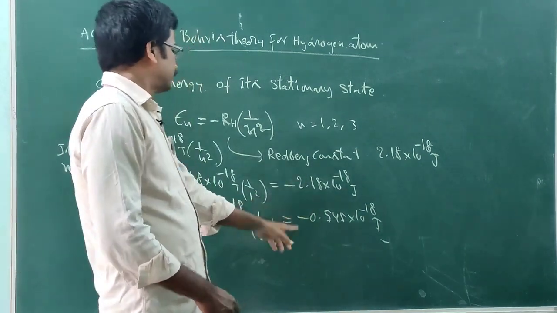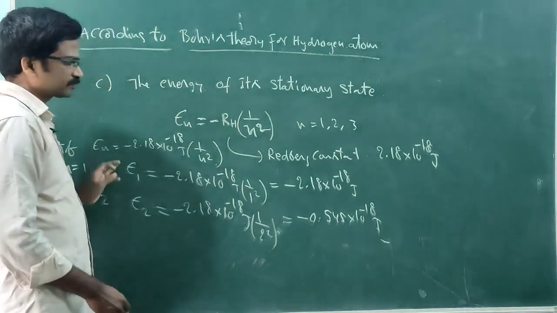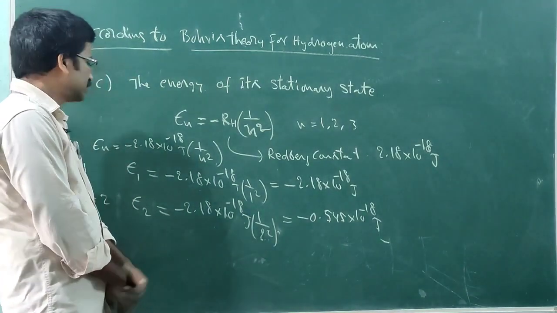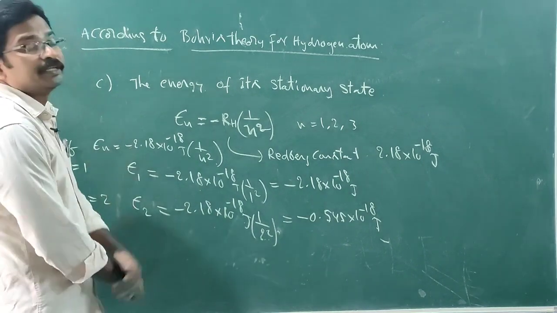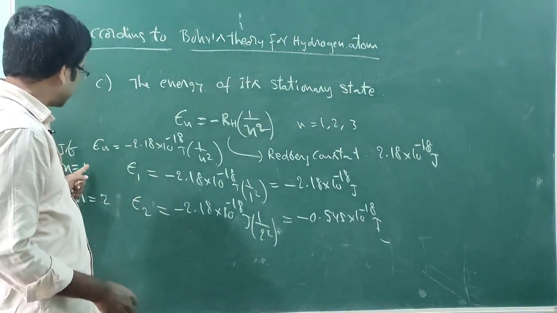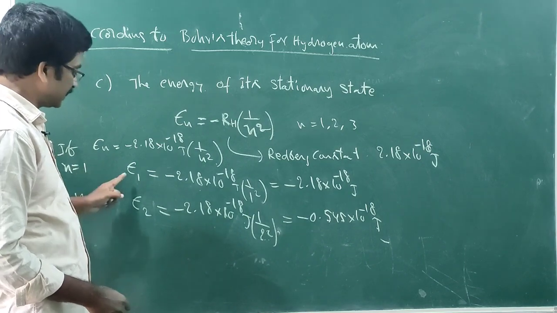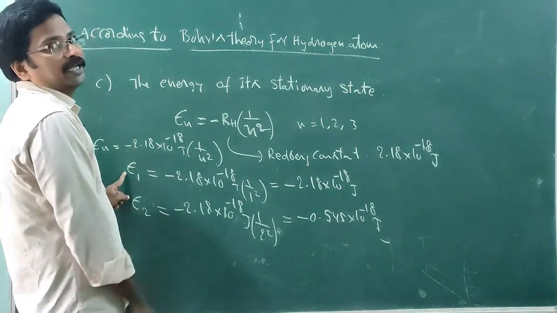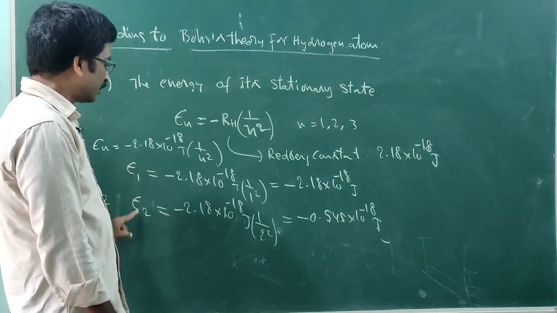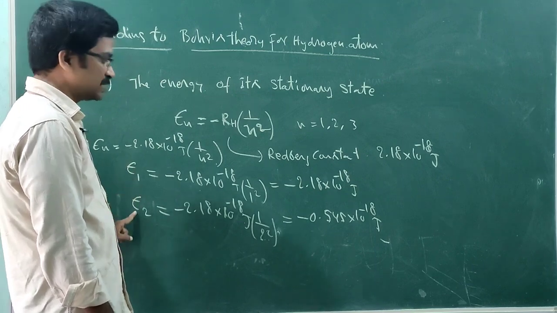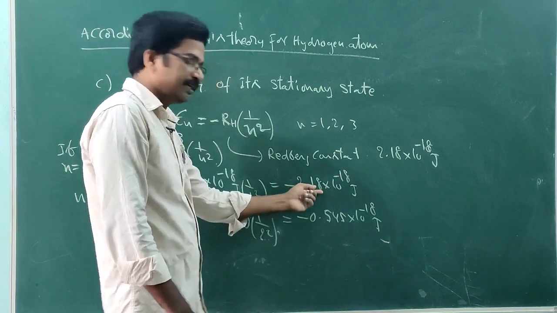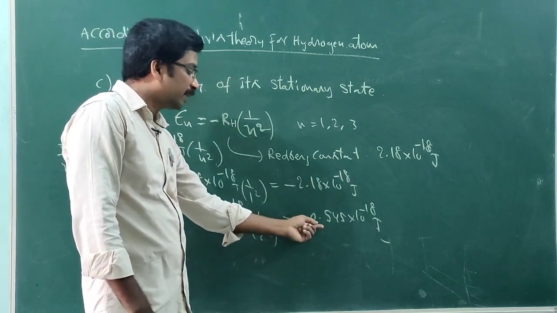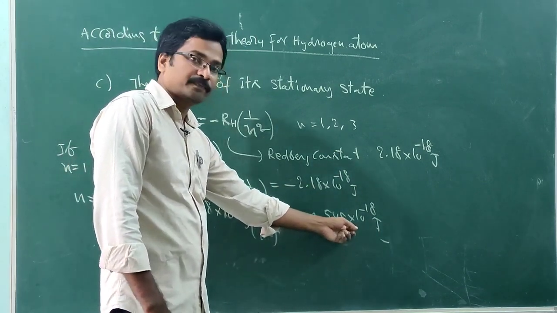What we observe from this point of view is that whenever n, the principal quantum number, increases, the energy of the electron increases. Here the value is minus 2.18, and here the value is minus 0.54.